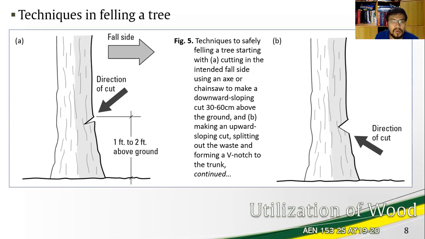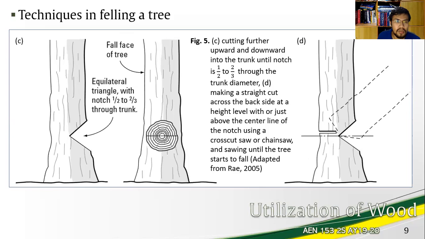Now, letter B: you make another cut, this time going up towards the same location as your first cut, so that you make a V notch on the trunk of the tree. Continue doing that until you are halfway, or at least two-thirds, through the trunk of the tree, and it should be an equilateral triangle.